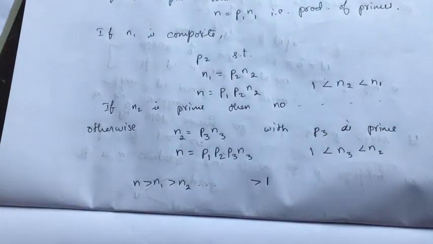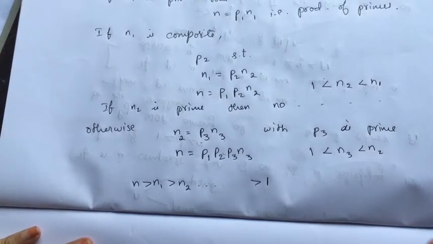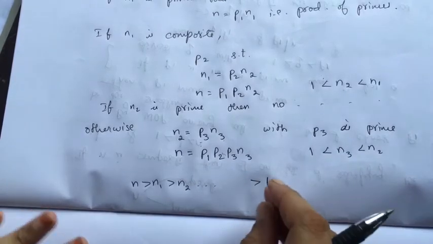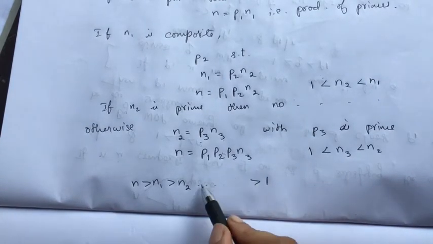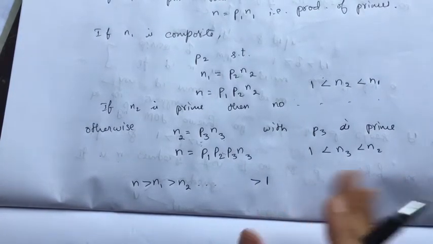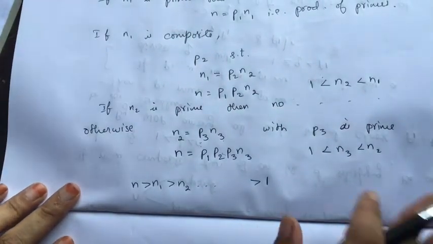After finite number of steps, say after nk minus 1, you are stopping because you are getting that nk minus 1 as a prime. Okay, if you go on decreasing, after some time you will end up getting a prime number itself.